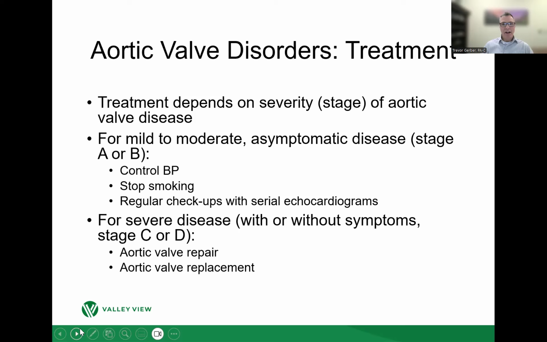Remember, aortic valve disorders are a progressive problem, and typically aortic stenosis or aortic regurgitation gets worse with time. So having a repeat echocardiogram is important to follow the progression of the disease.